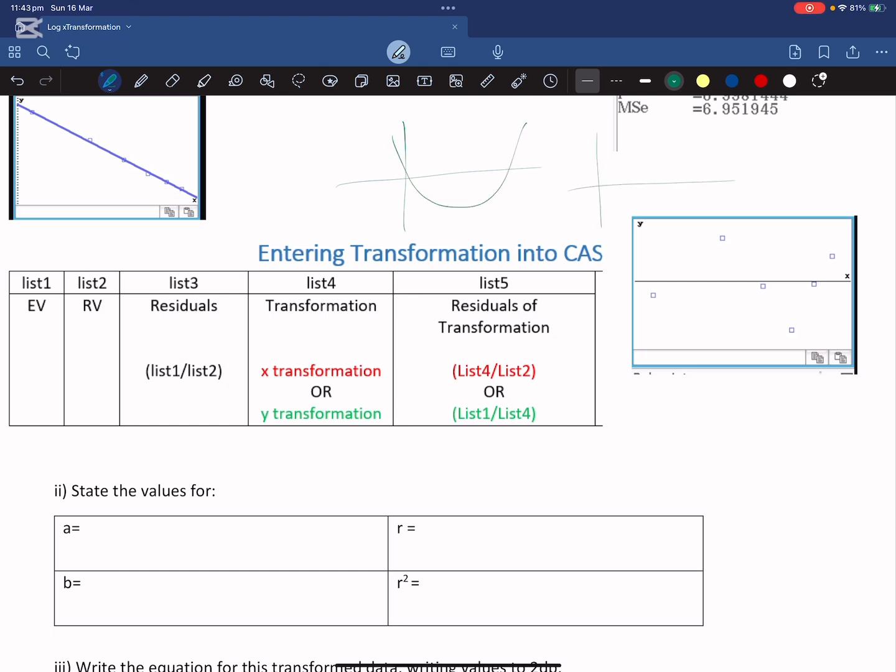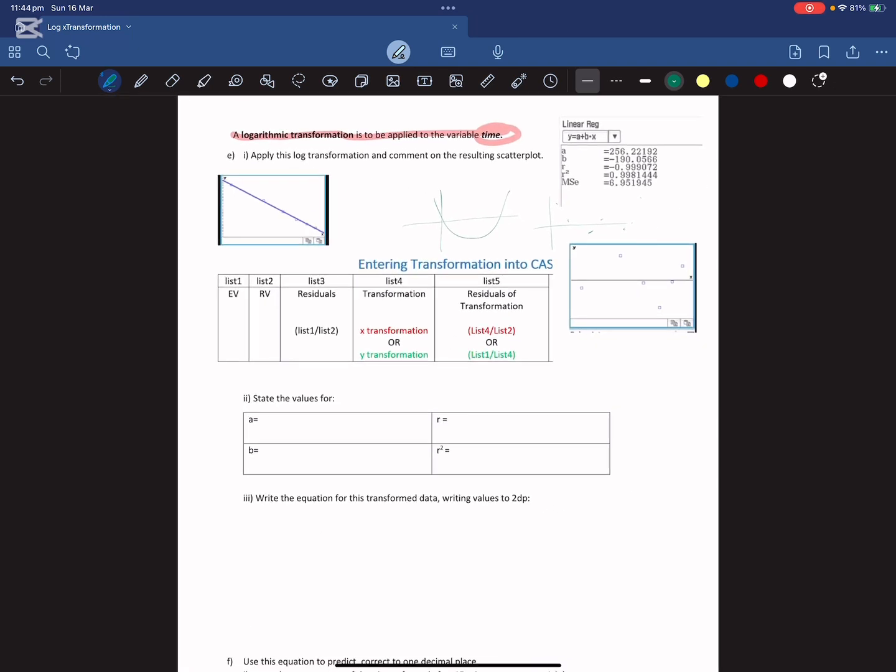You may get something that's maybe just a little bit changed. That's still an improvement as long as R squared is also improved. But in a SAC as well, you've got to look for your highest R squared, provided that the residual plot has improved.